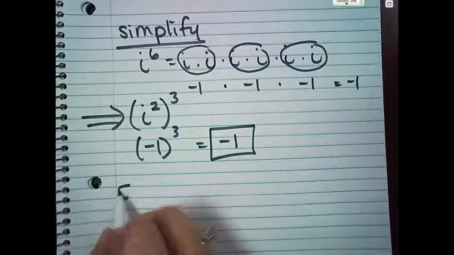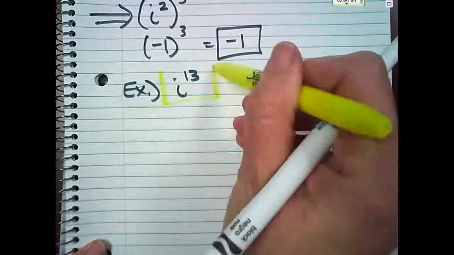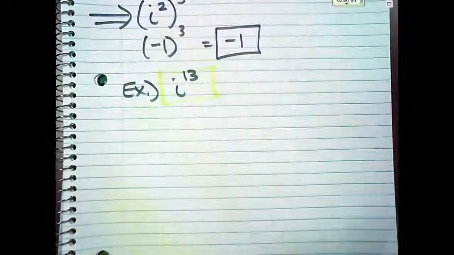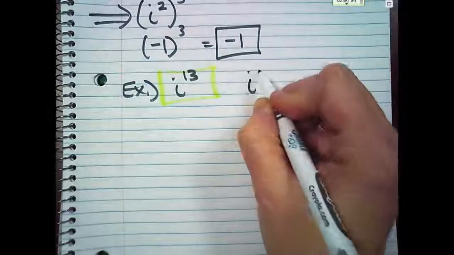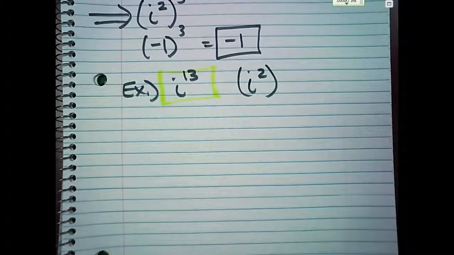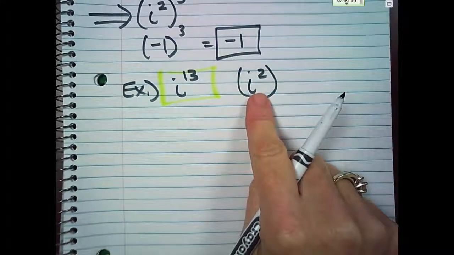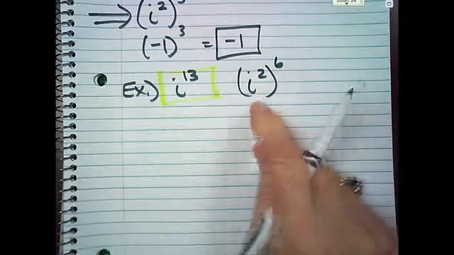What about if I asked you for i to the 13th power, and we don't want to actually write out 13 i's? We're going to do the shortcut. We know the value of i squared. We know it's -1. How many groups can I combine together? If it's an even amount of groups, my answer is positive. If it's an odd amount of groups, my answer is negative. So how many groups can I fit in perfectly? 6 groups, which gives me how many i's though?